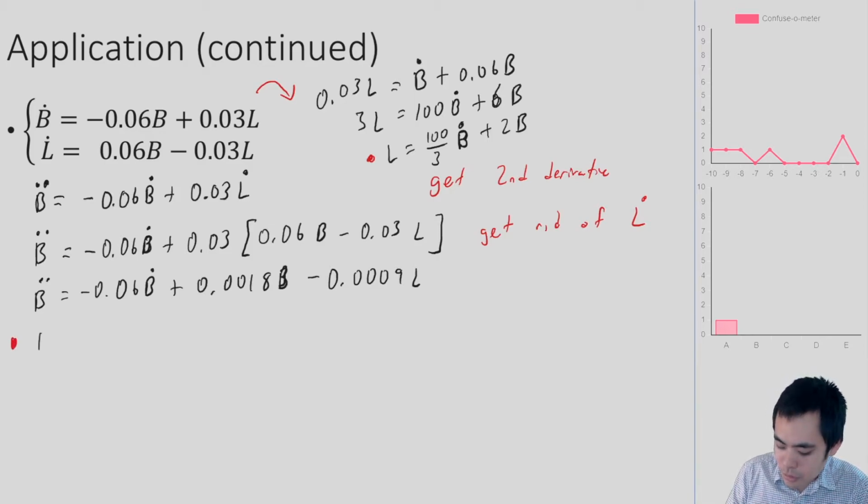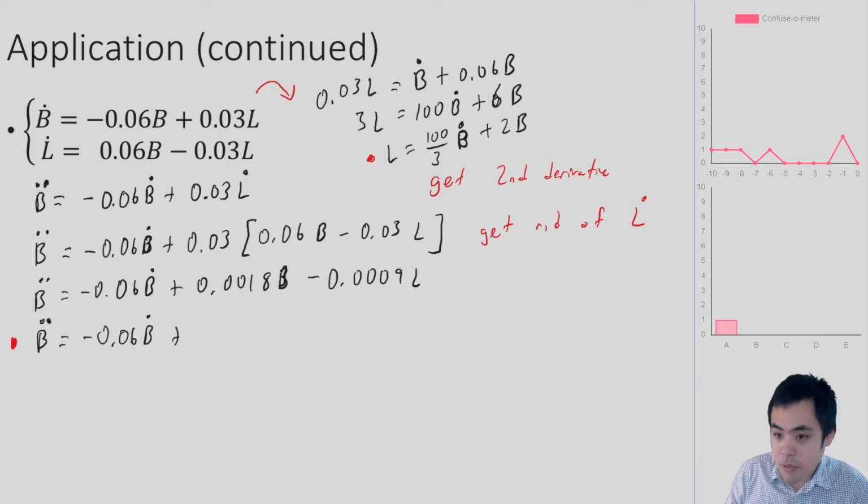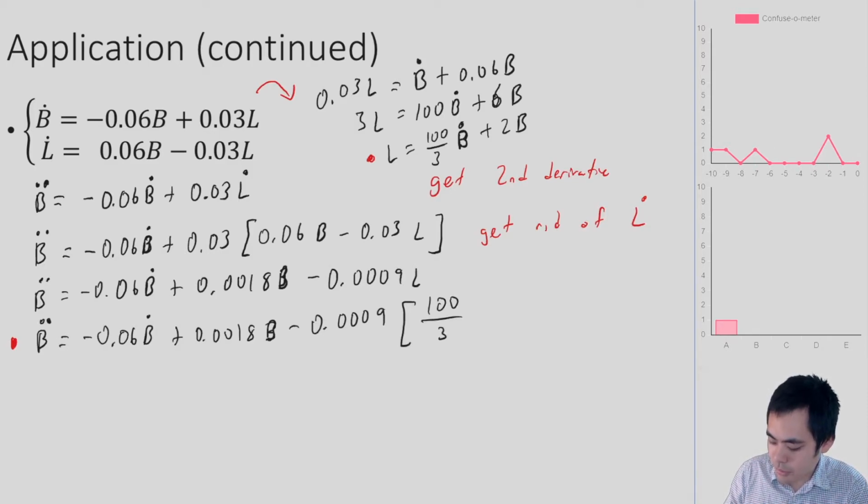So then b double dot is going to be equal to minus 0.06 b dot plus 0.0018 b minus 0.0009 times 100 divided by 3 b dot plus 2b.